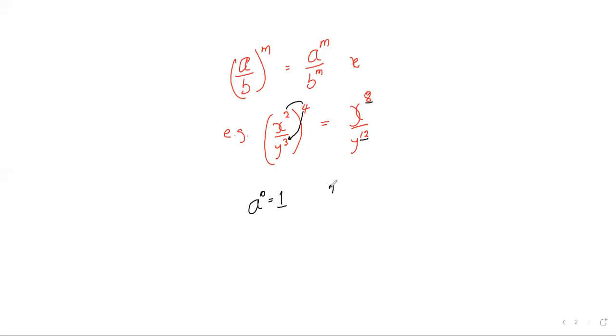Even 2 to the power 0 is equal to 1. This is a million. A million to the exponent 0 is equal to 1. Any number to exponent 0 is equal to 1.